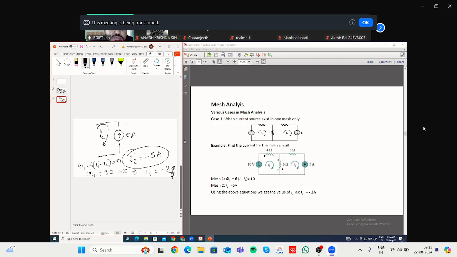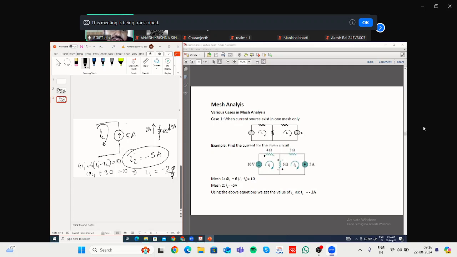Now if you see the 6 ohm resistance that we are talking about, we considered that I1 is flowing in this direction. Now I1 we have as minus 2. So what is happening? I1 is flowing in this direction, that is 2 ampere, and I2 is flowing in this direction, that is 5 ampere.